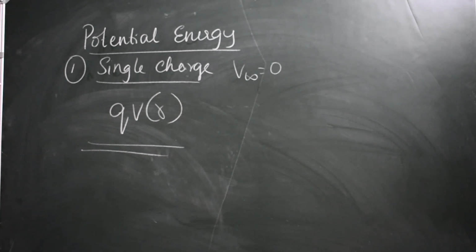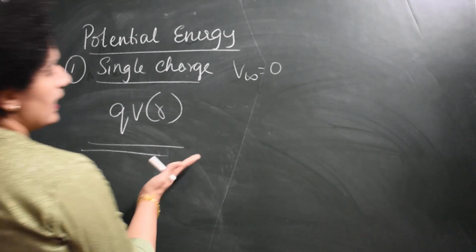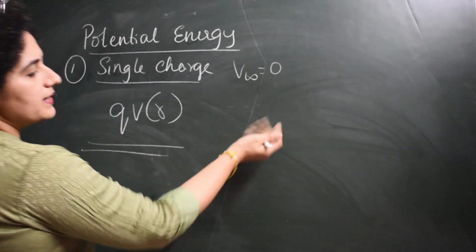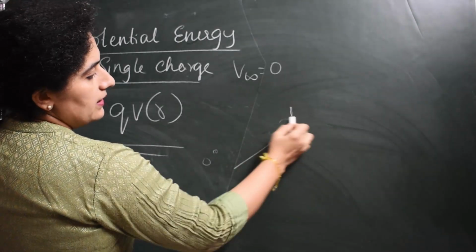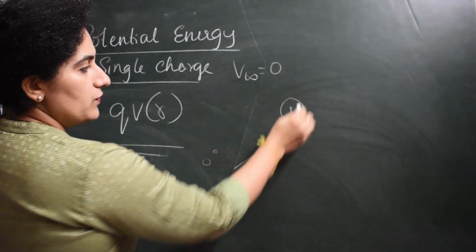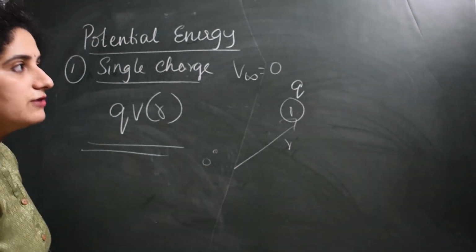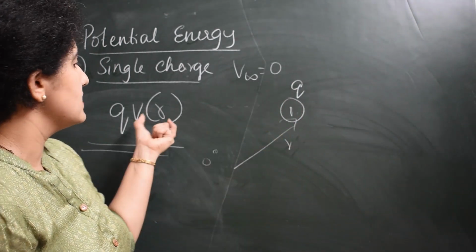Q is the charge that you are bringing. V of R is the external potential at the point R. At the point R, in the sense, any origin you consider, suppose this is the origin, you bring the charge here from infinity to this point, so it is represented as V of R.